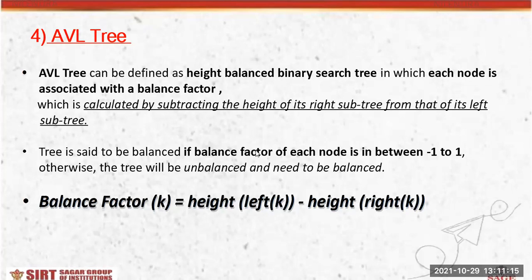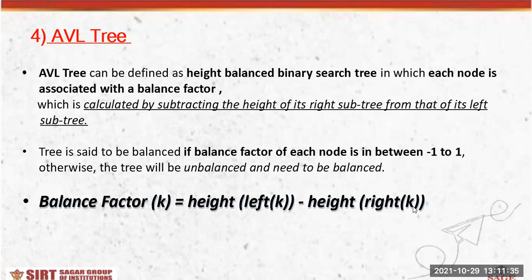Now see what the balancing factor or limit is in that regard. The balancing factor for each node is between -1 and 1. So it can be either -1, 0, or 1.